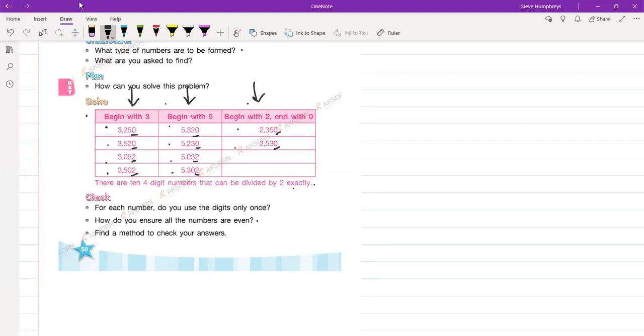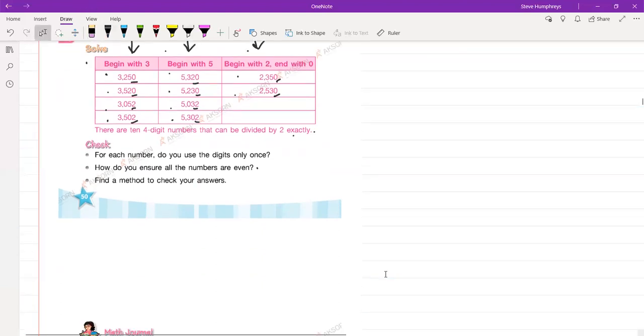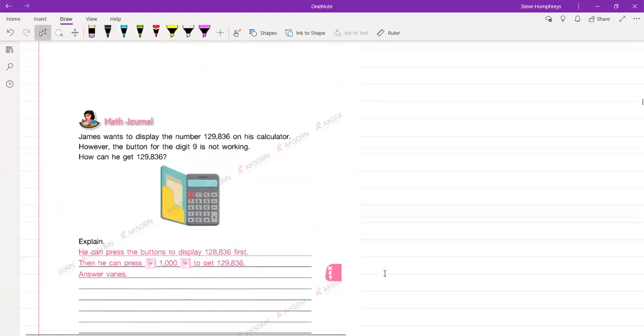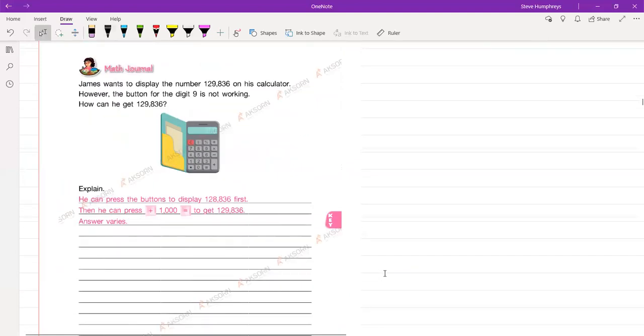Right, let's move on. Page 51. James wants to display the number 129,836 on his calculator.